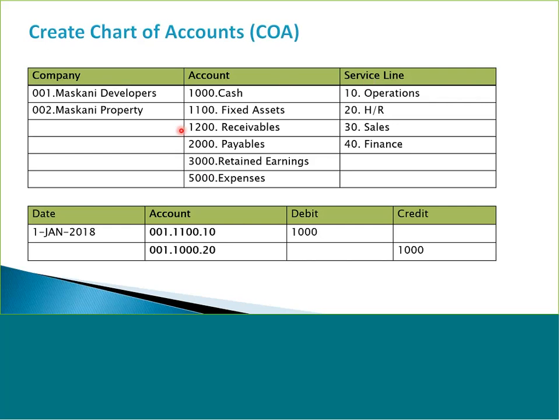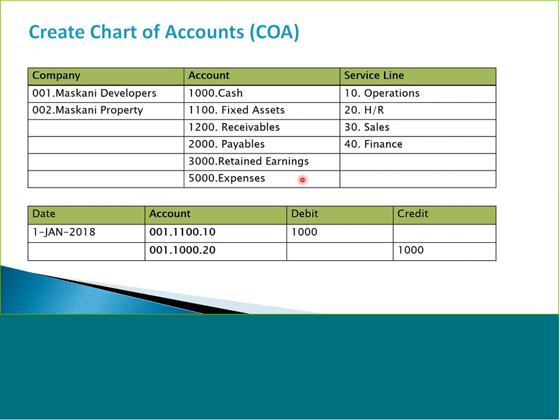So here, by looking at this journal, we can tell that company 001, which is Mascani Developers, acquired fixed assets 1100 right here, worth $1,000. Actually, it is Mascani Developers under the operations service line. This journal was entered under the operations service line, acquired fixed assets worth $1,000.